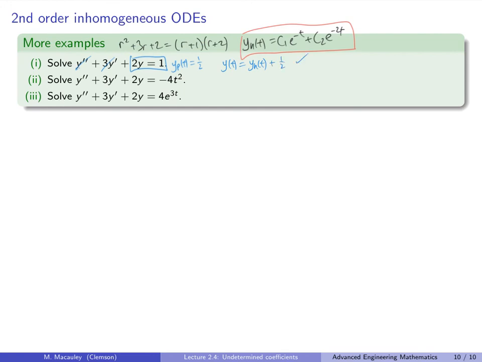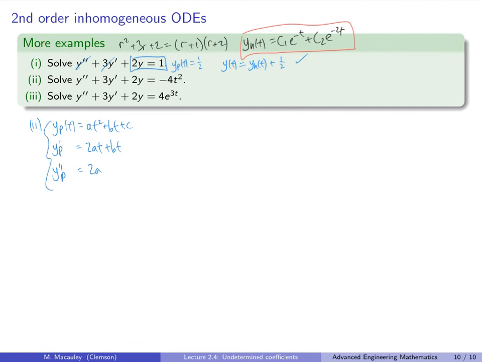Okay, next one. Now the forcing term is a degree 2 polynomial. So for problem 2, we have to guess that yp of t equals a t squared plus bt plus c. You take a derivative, and you get 2at plus b. You take a second derivative, and you get 2a.